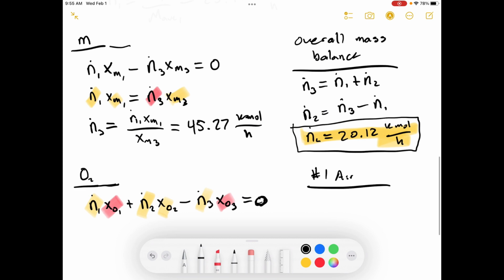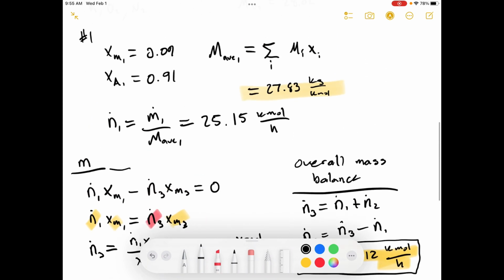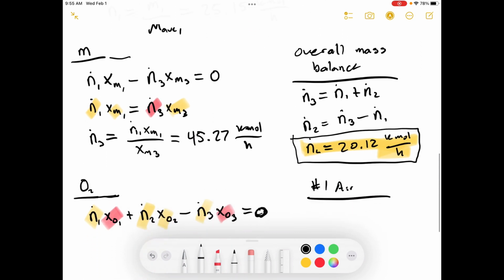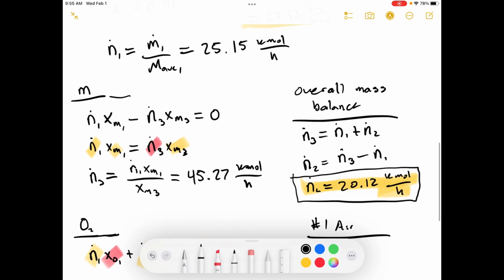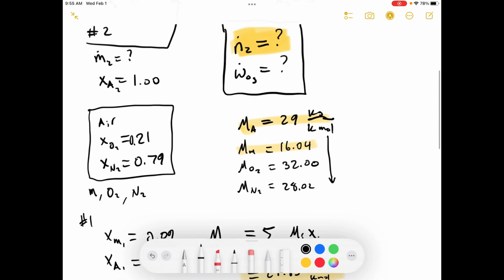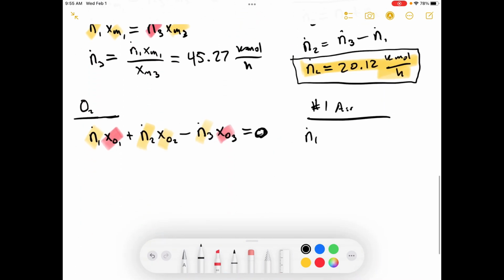We know in stream 1 that we have 25.15 kilomoles total. So we have a certain flow rate going in. And we know that a certain fraction of that is air. So the 0.91 fraction of that is air.